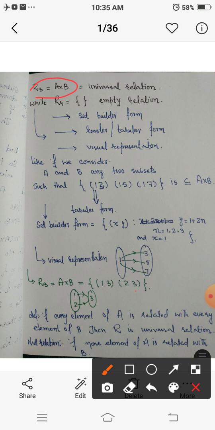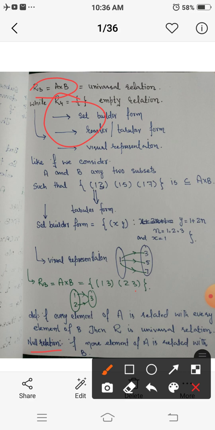And the third one is the null relation, because R4 here represents the null relation. A null relation is that relation which does not contain any element. When we consider the null relation as a subset of A cross B, it is simply that relation which does not relate any element of A, any element of the first set, with the second, or any element of A with B. So this is the null relation.